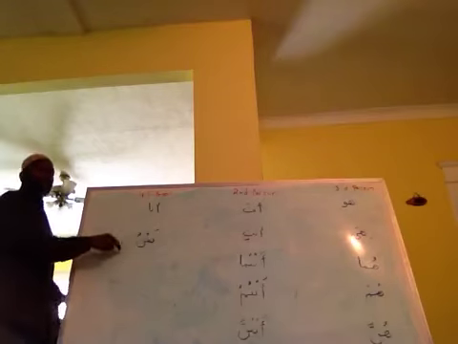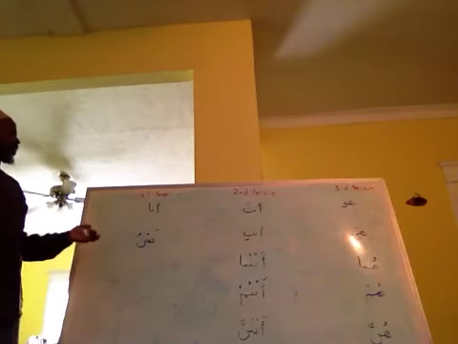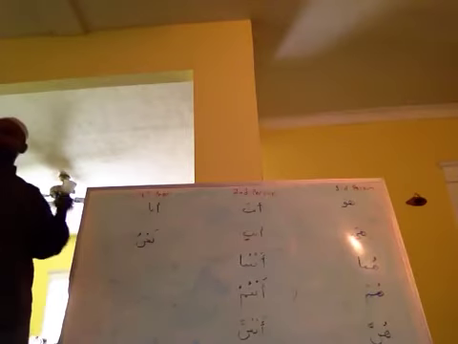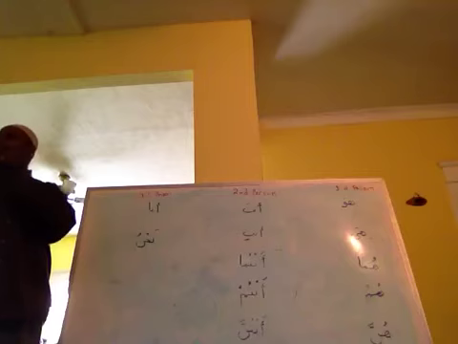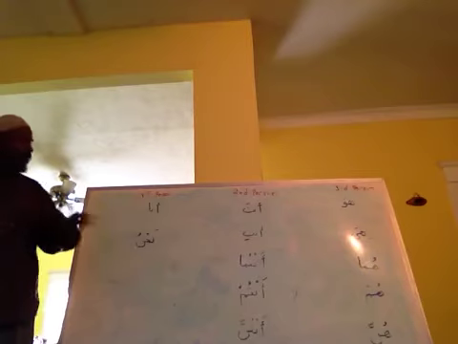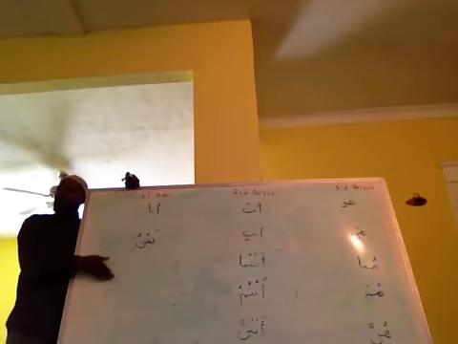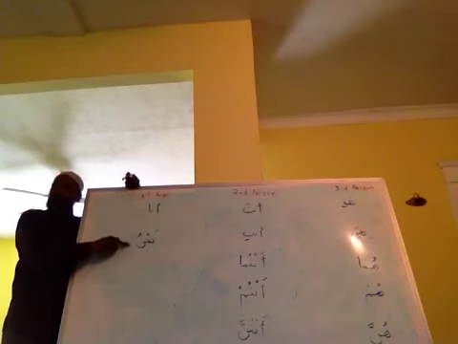And then we come to nahnu. What do you want to say about nahnu? Nahnu could mean dual or can mean plural. So it's not gender specific, but it's number specific, and it includes the dual as well.